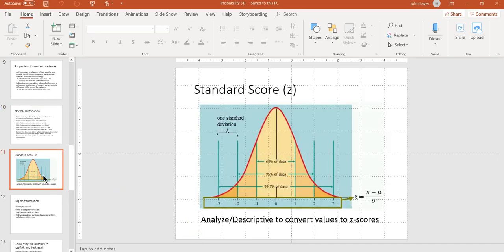Now, the normal distribution has some characteristics that are very useful to statistical analysis. The main one is the distribution of sample means, from a theoretical distribution of sample means.